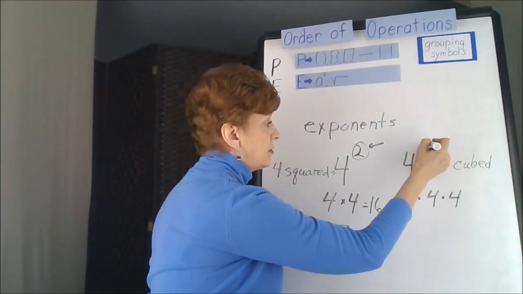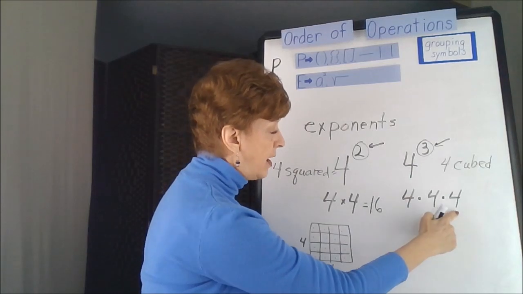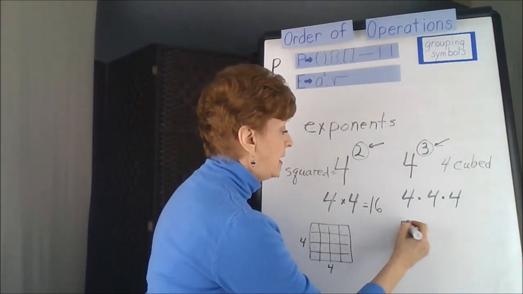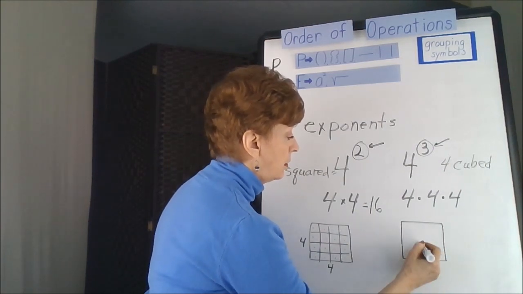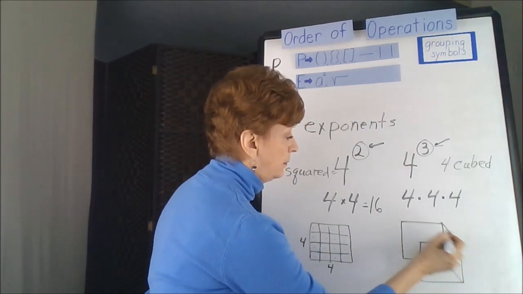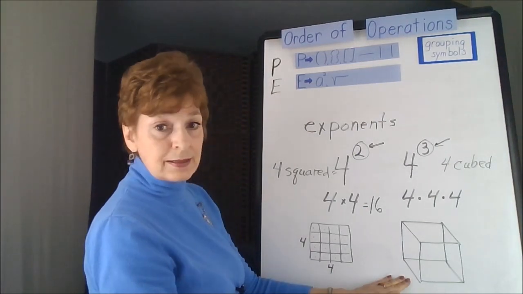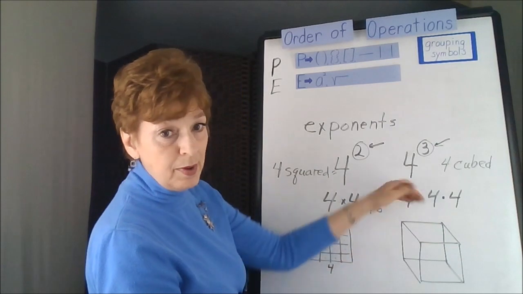This exponent tells you to multiply the base by itself 3 times. And if I was to draw this out, you would get a cube. So that box, you could put something into that box.